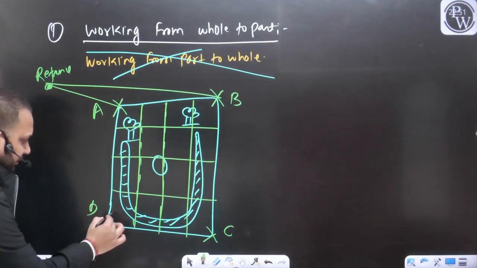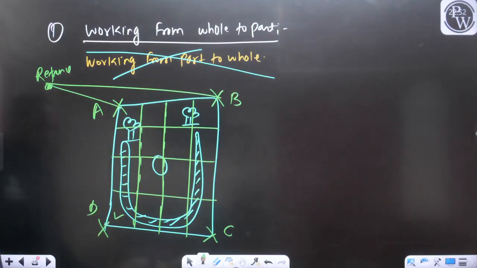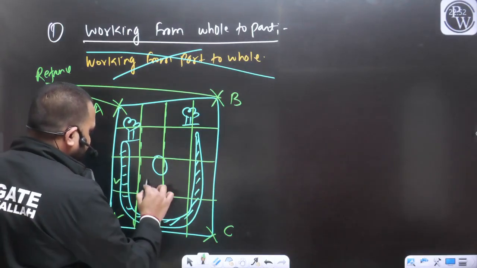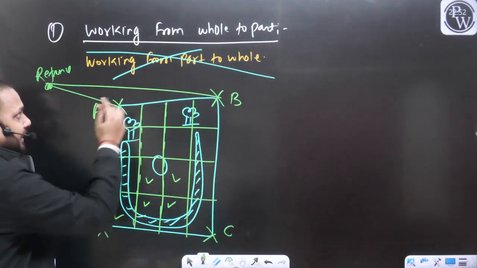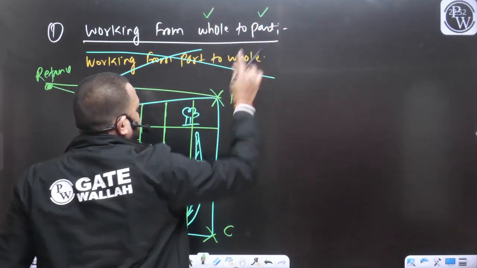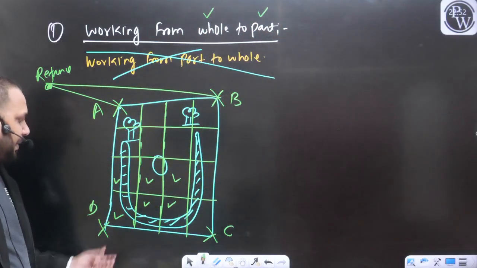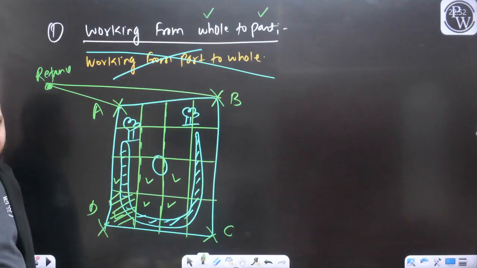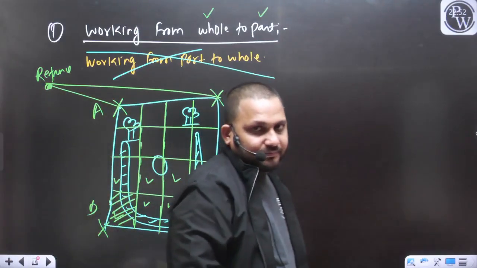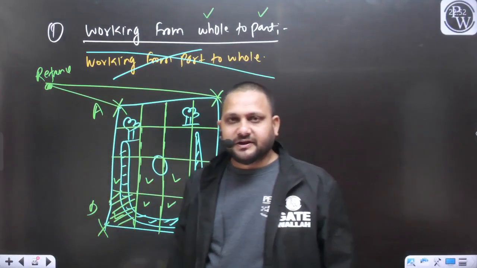First do the survey for this part, then this part, this part, this part. First you have defined the entire area as a whole, now you are covering the entire area part by part. This is the principle of surveying.